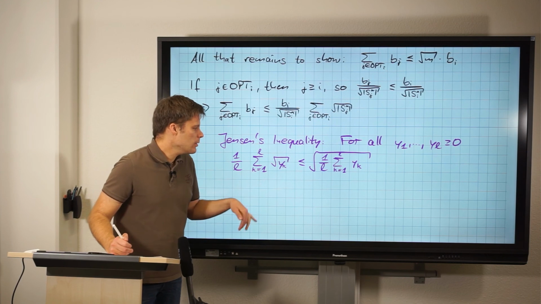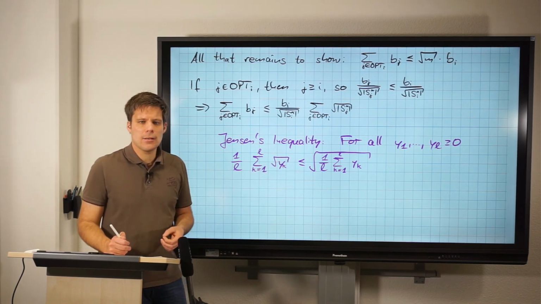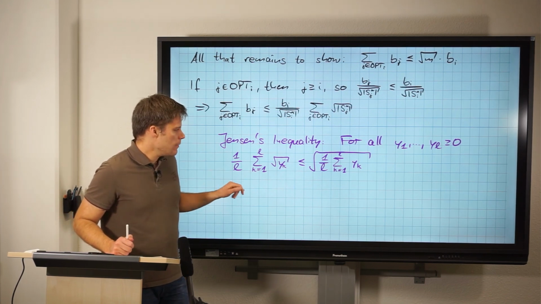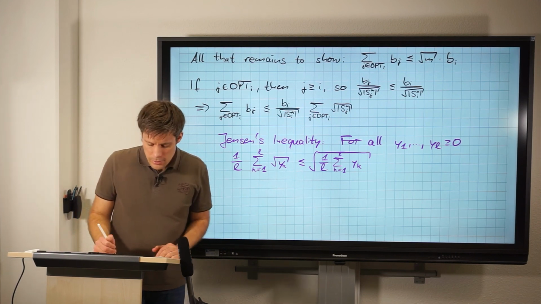More generally, instead of writing the square root here, you would just say for any concave function you have this. Good, but now, because we have a concave function, this is what we can observe regarding the square root.